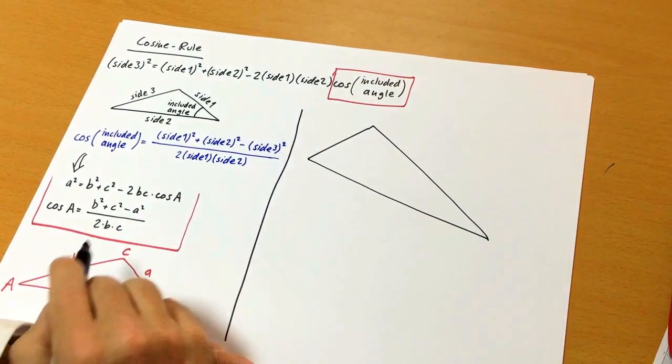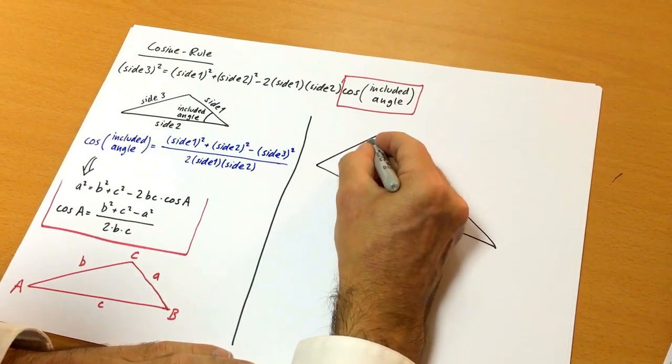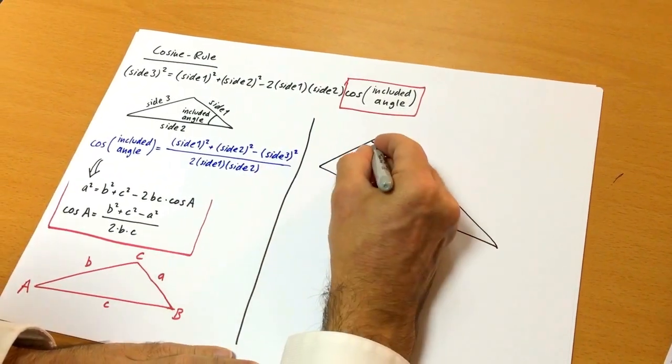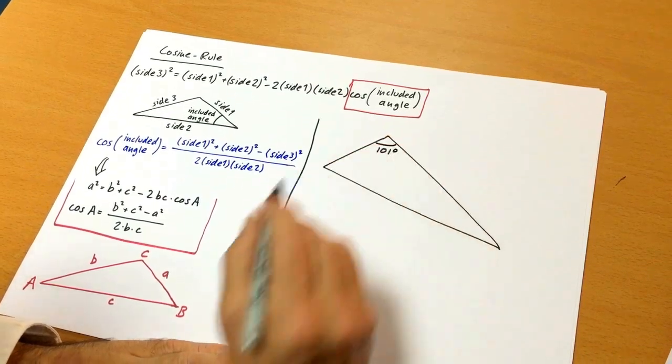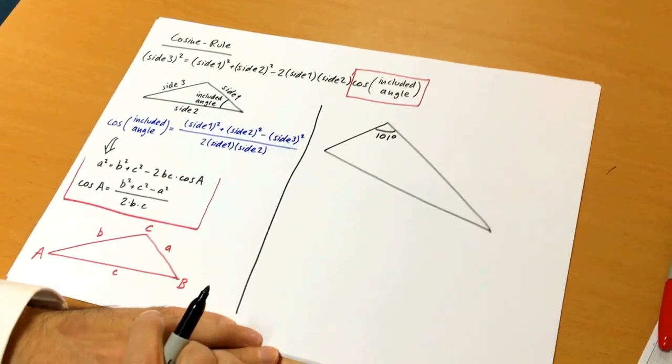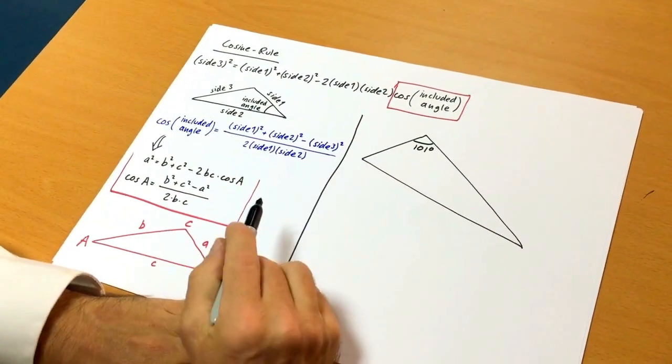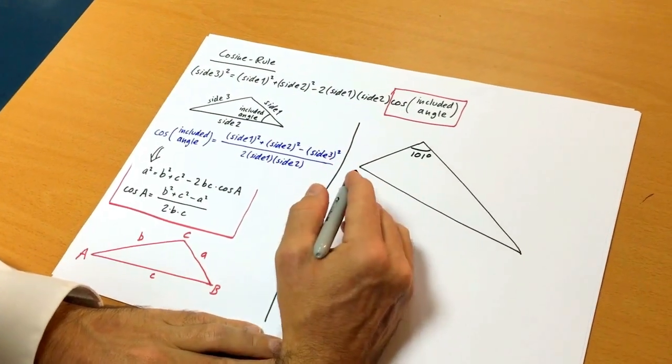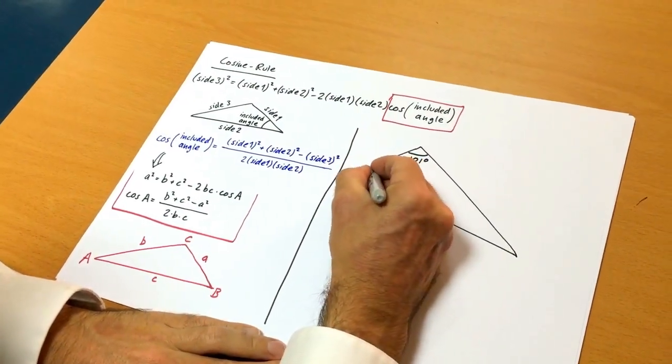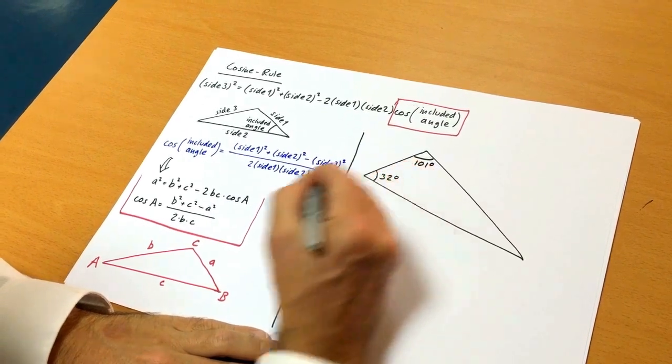Okay, it looks like 90 degrees, but that's just because I'm not so good at drawing. This should be 101 degrees. So forget SOHCAHTOA, forget Pythagoras theorem, because it's not a right angle triangle. Let's say another piece of information given is that this angle is 32 degrees.